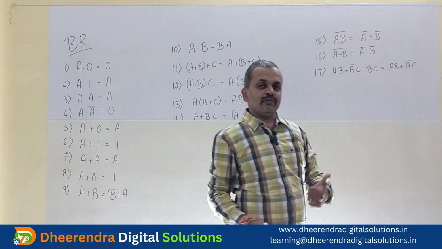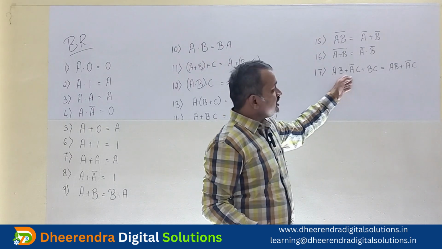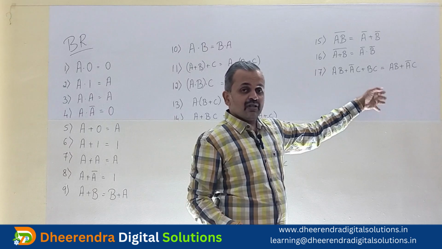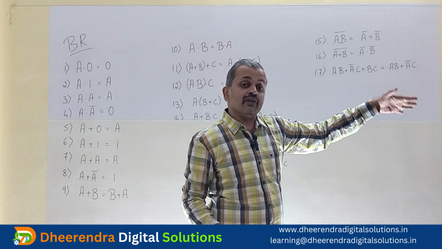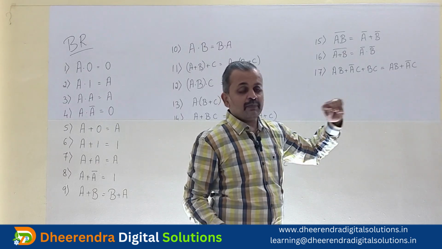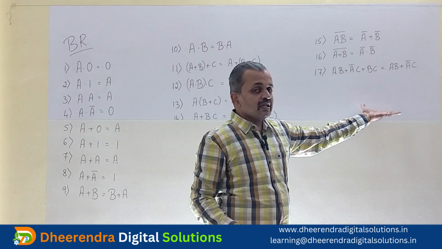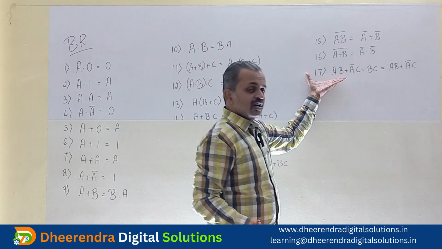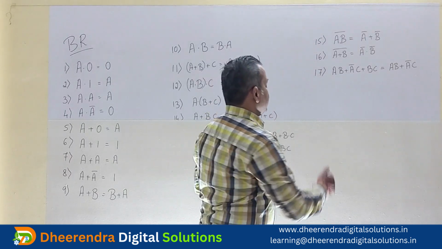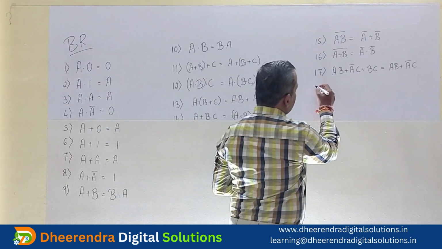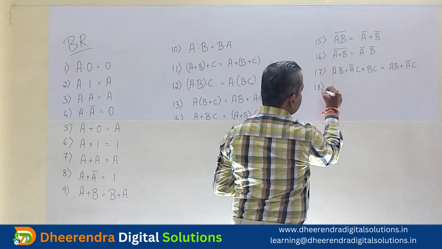You can use the truth table method or go ahead with simplifying each one of these terms to the canonical form, which we'll be dealing with later on. So canonical form, and then if we compare it, the result is the same. So this is what is your Shannon's theorem. Then we look at the next one, which is the 18th rule.